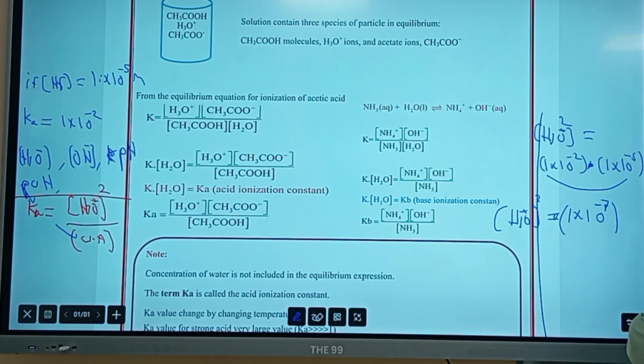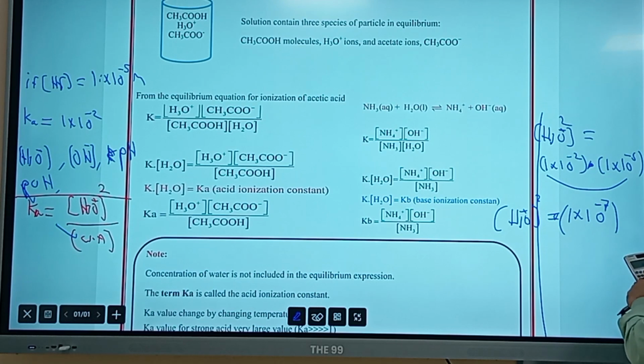How to write 1/10 to the power of minus 7, open a bracket, the square root of it is equal to 0.71.